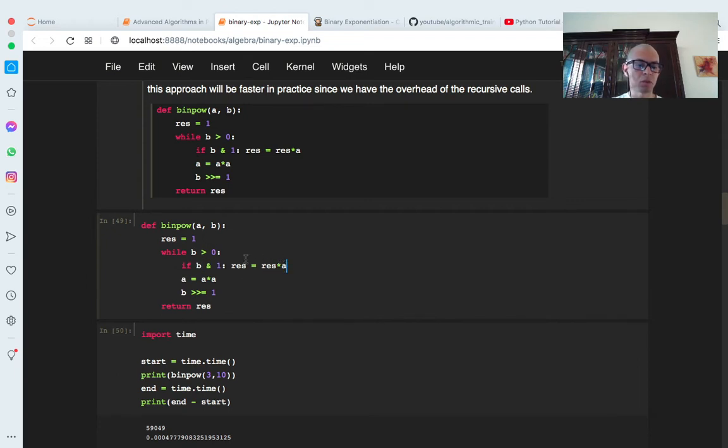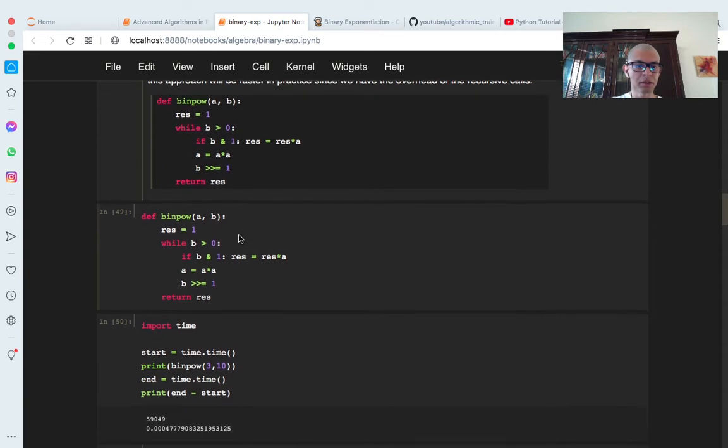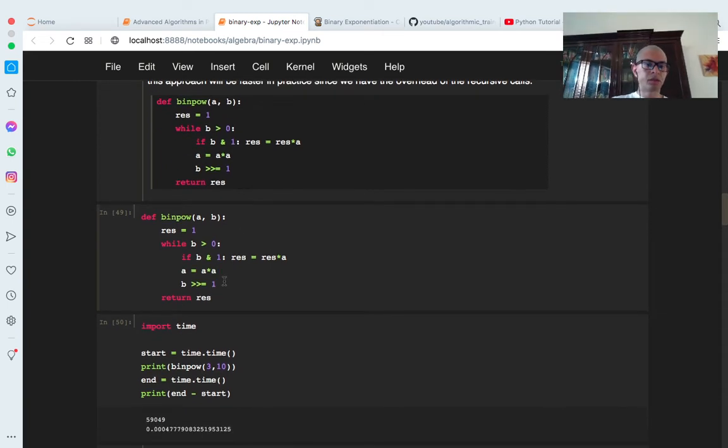So we will see what this result is. And here we're not really having a recursive approach anyway, it's just a normal iterative approach.